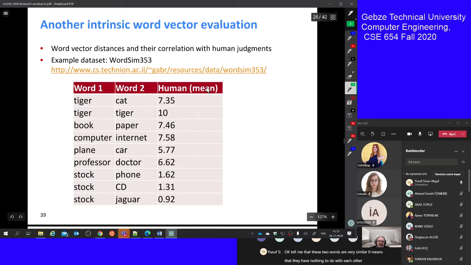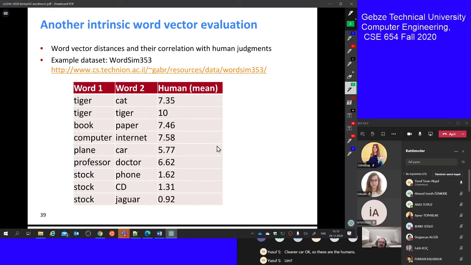This is the mean of humans. Tiger and cat are somewhat related, 7.35. Tiger and tiger, it's the same thing. Book and paper are related. Plane and car are related. Stock and jaguar are not related much. Stock and phone are not related.